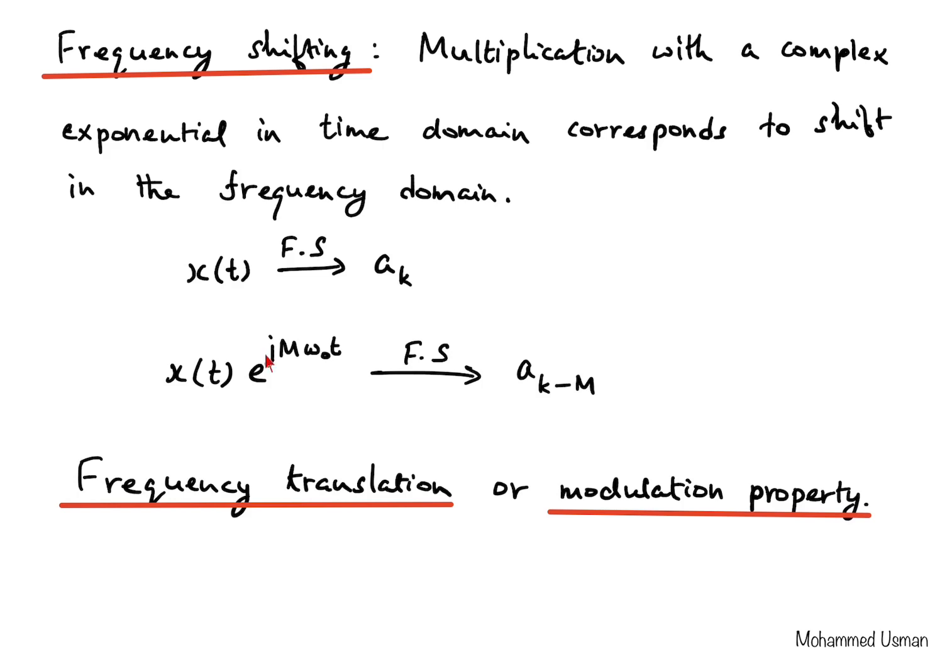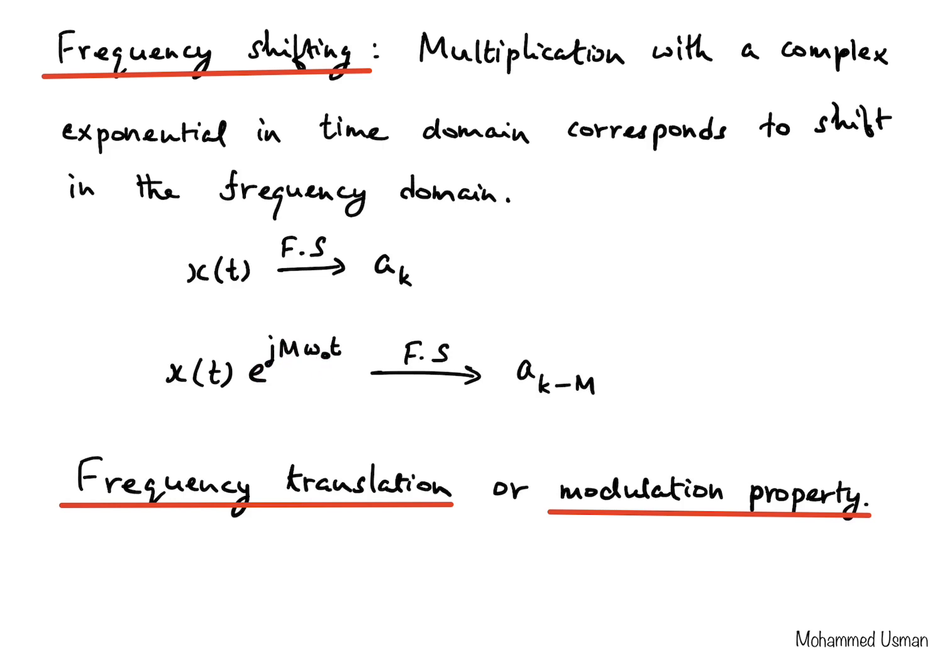So basically, if we have a signal x of t with Fourier series coefficients ak, and that x of t is multiplied with a complex exponential, what happens to the Fourier series coefficients? The Fourier series coefficients get shifted by the same factor m, that is representing the harmonic component of this e power j m omega naught t.